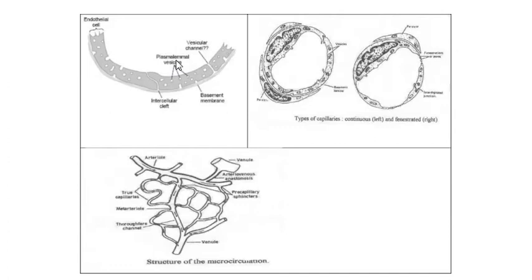So look at it carefully; it is obvious to be seen, and the nucleus of the endothelial cell is visible. These are the types of capillaries on the right side, this is a portion of the wall on the left side, and below is the structure of the microcirculation.